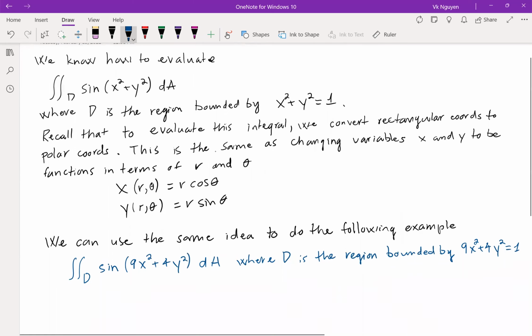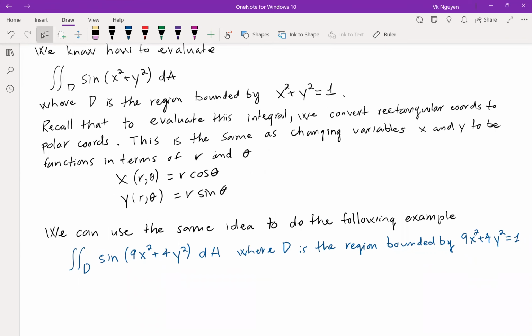If you look at this problem, the region D here, there is no way that we can describe it in terms of polar coordinates. So we're going to use a different type of substitution to do this.